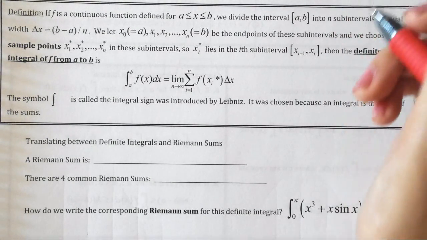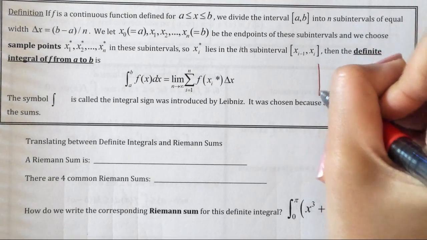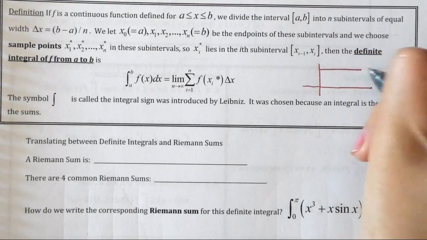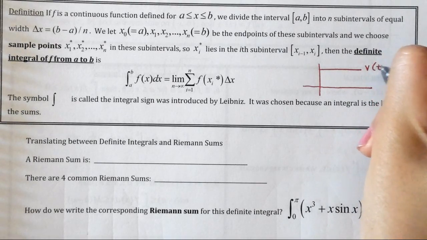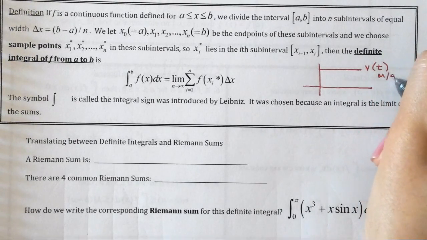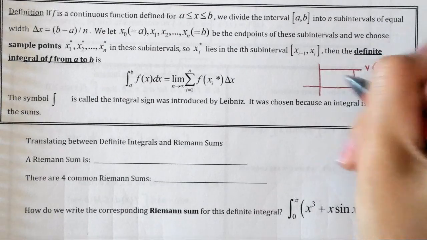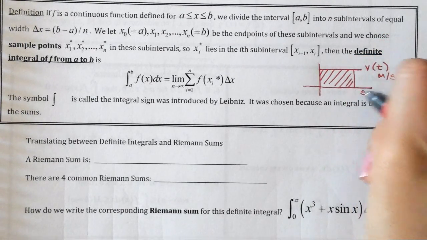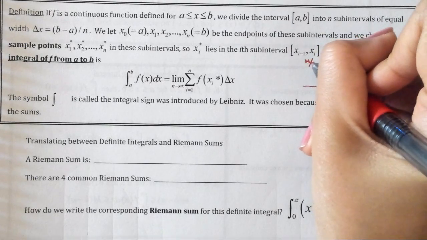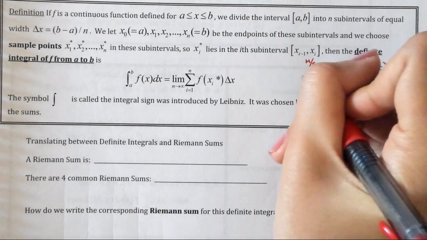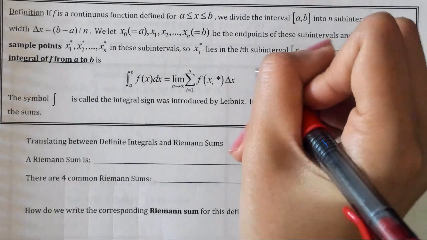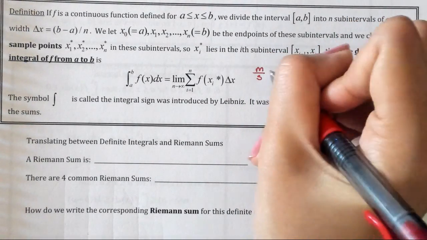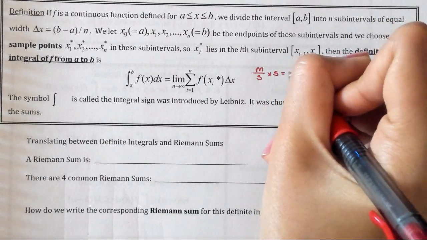Let's talk about it in terms of velocity. If I graph velocity in meters per second, and then find the area under the curve, where this axis is seconds, what I'm actually doing is taking meters per second and multiplying it by the number of seconds, which gets me back to meters.